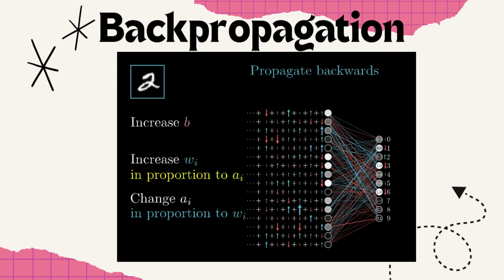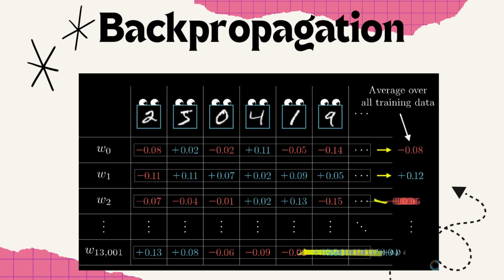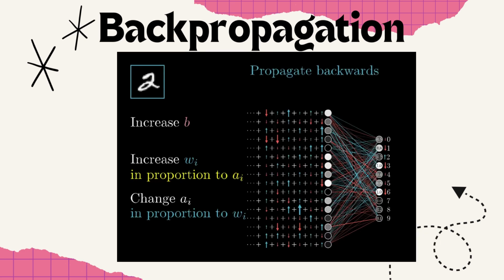So here, what we have is all of the neurons and all of their suggested nudges, all of them adding on top of each other in the previous layer. And that's just for one training example.